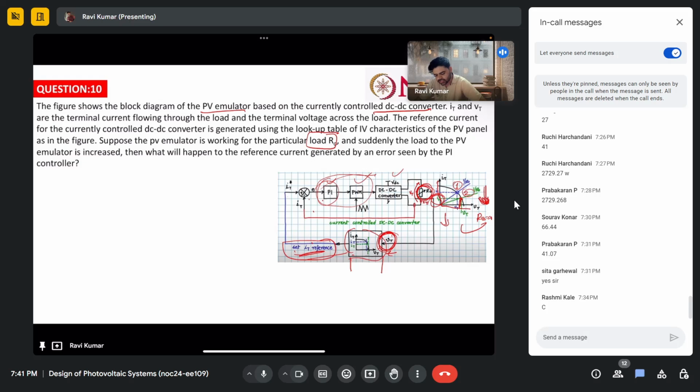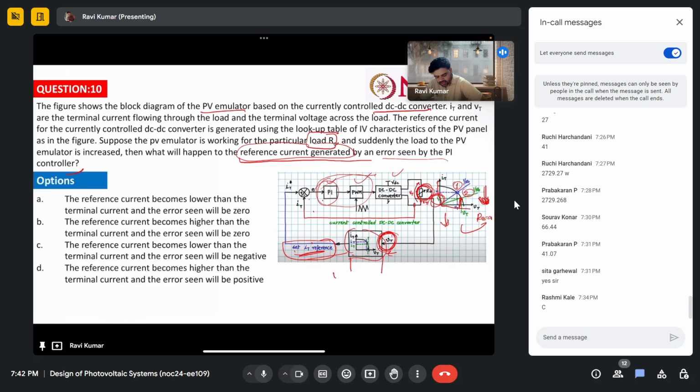So it is asking what will happen to this reference current, and the error seen by this PI controller. You can see here as well, this reference current IT will decrease. Here also you can see this is going down. First I was here, now this is here.